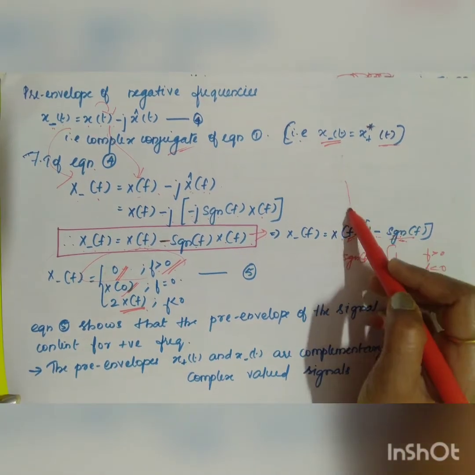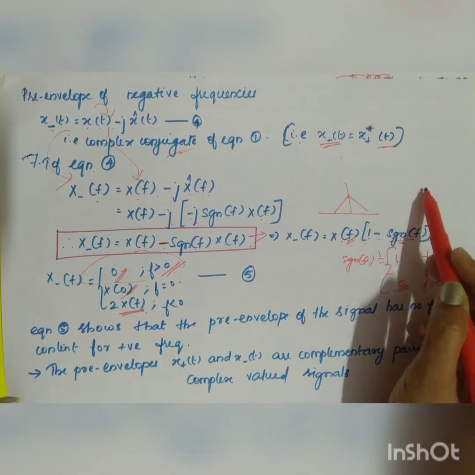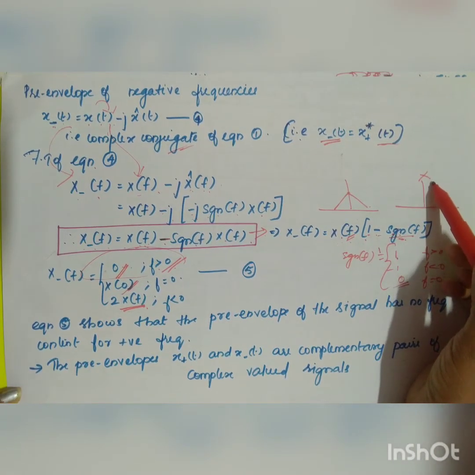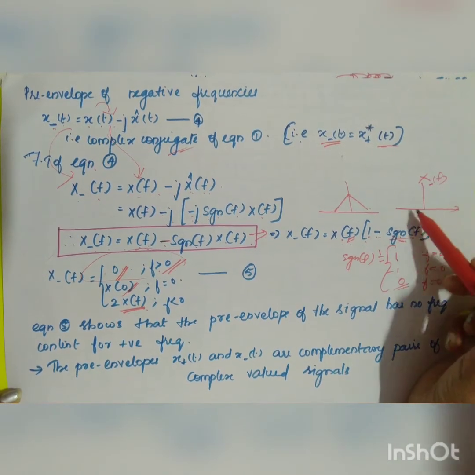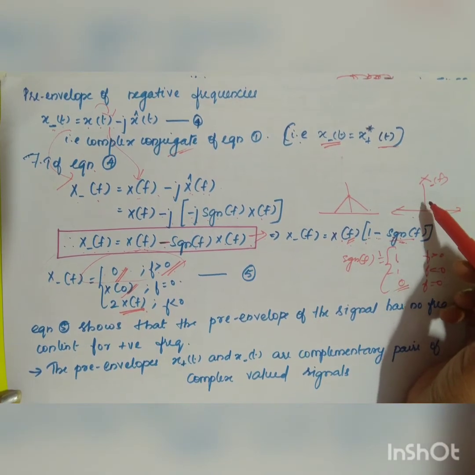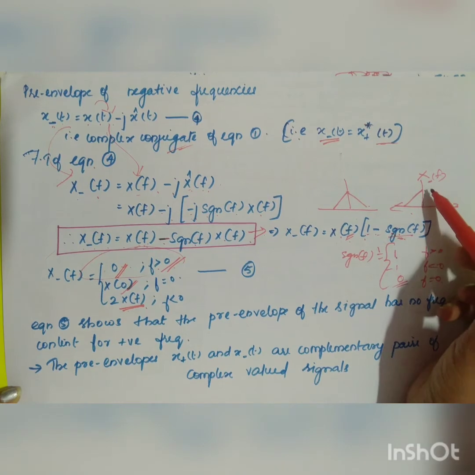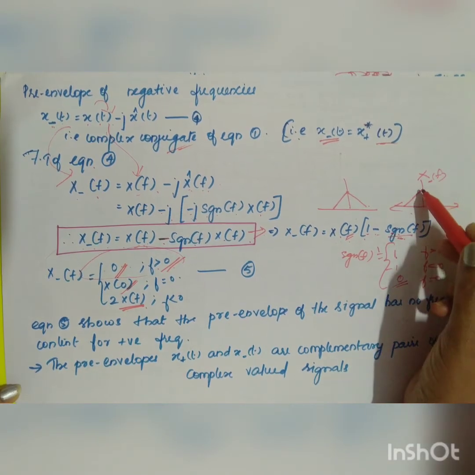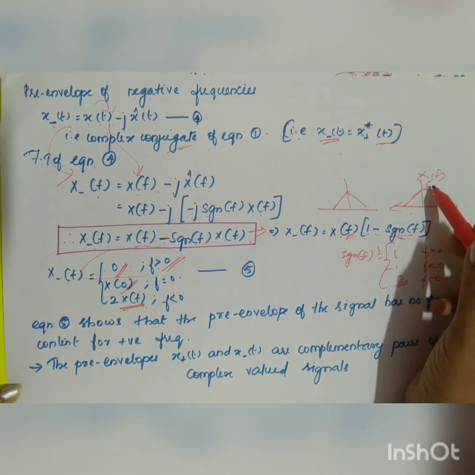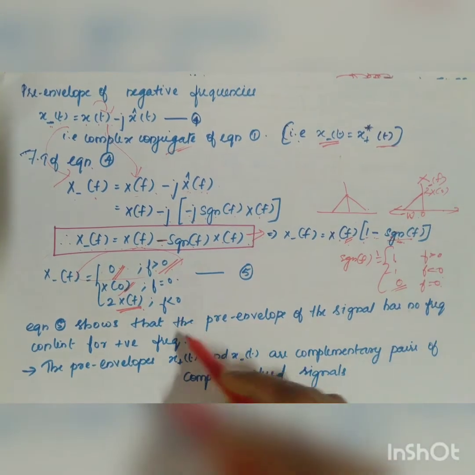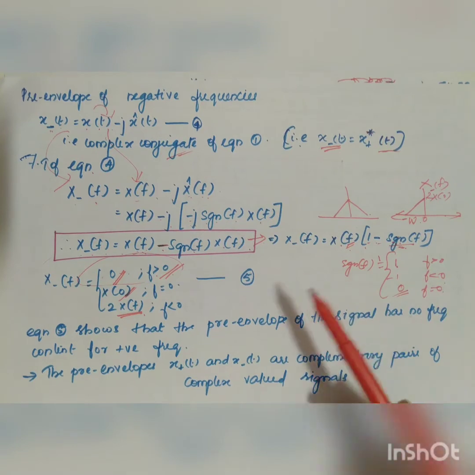If I take the low pass signal spectrum and its pre-envelope in the negative frequencies, that is X-(f), you will get only the negative spectrum, and in the positive frequency you will not get any signal. Here it will be 2 into X(0), and here it will be minus W, just the opposite of the previous signal.